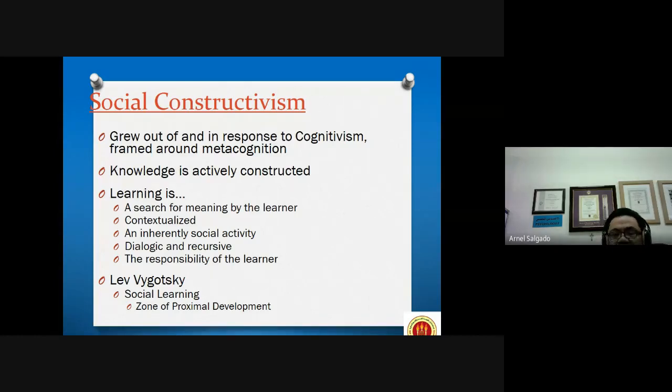Knowledge is actively constructed. This is actually one very good thing here. It's basically an offshoot of the dialectic method, right? Where knowledge is created. Knowledge must always be coming from the teacher and the student. Altogether, the two will collaborate and the two will come out with knowledge, agreed-upon knowledge. By the way, if you look at the knowledge that we are actually using right now, these are all constructs that we believe.